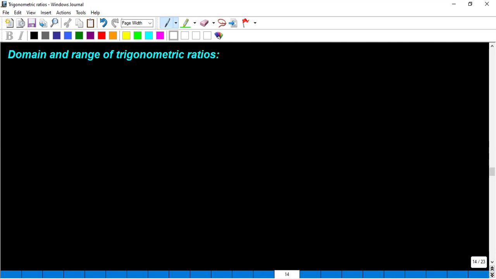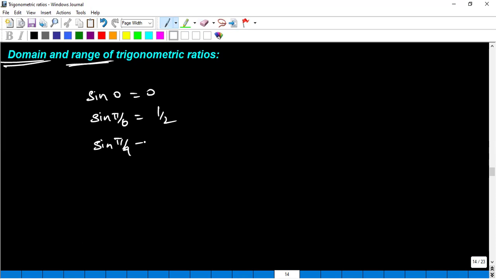Okay, then what is this domain and range? I told you sine 0 is 0. Sine 30, sine pi by 6 is nothing but 1 by 2. Sine pi by 4 is nothing but 1 by root 2.